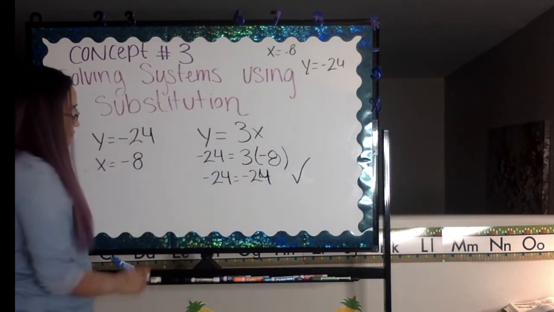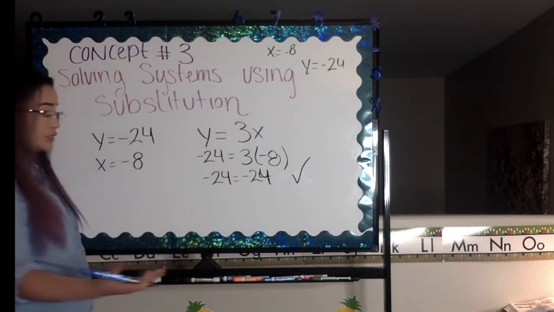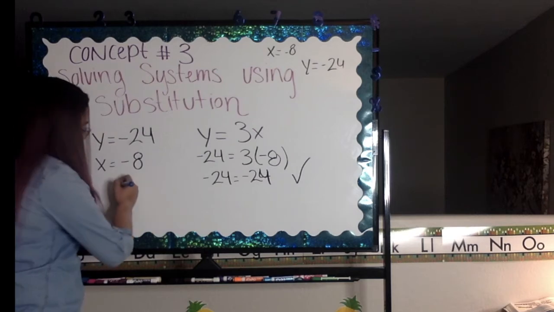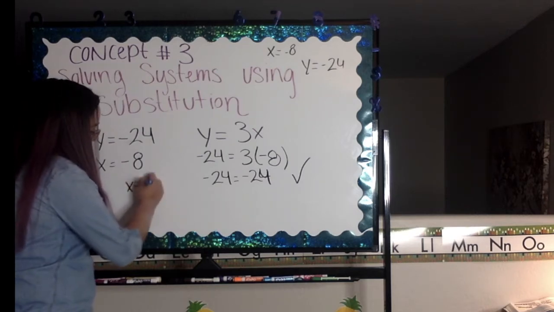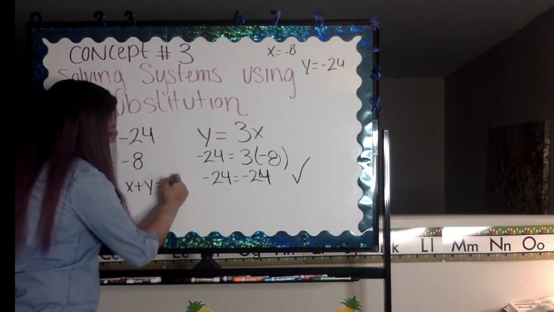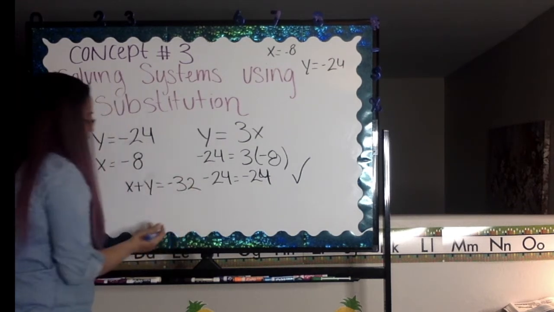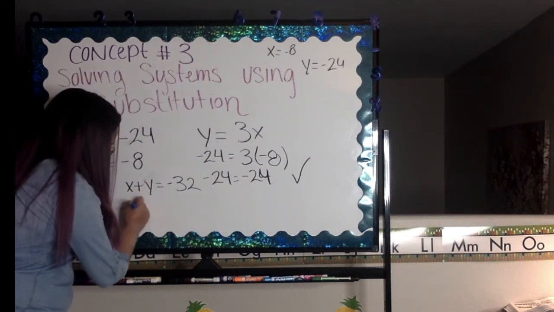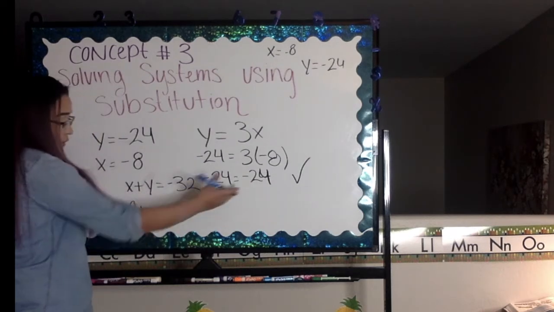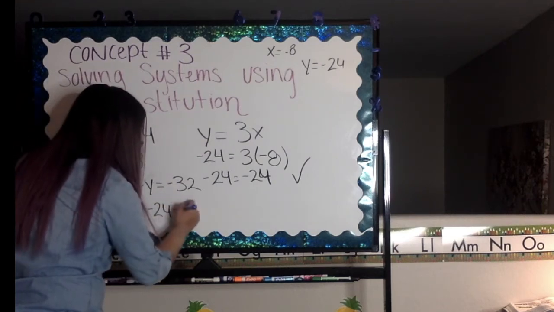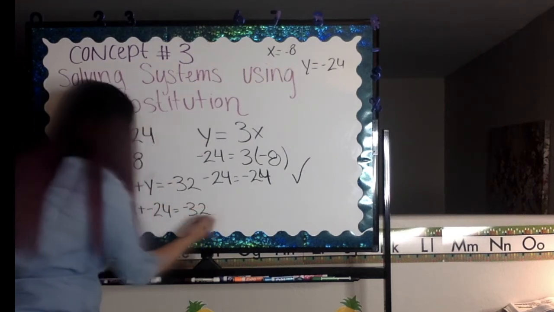Right? Now, what was our other equation? Our other equation was x plus y is equal to negative 32. Now, let's substitute x for negative 8, plus negative 24 for y, is equal to negative 32.